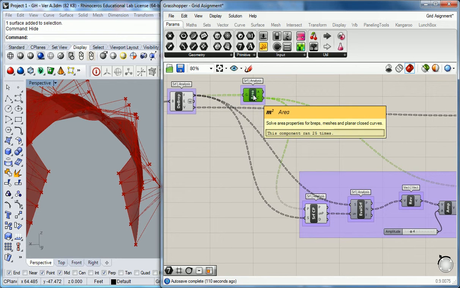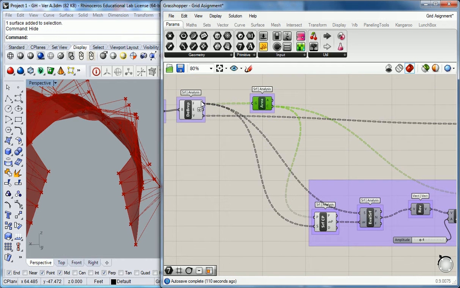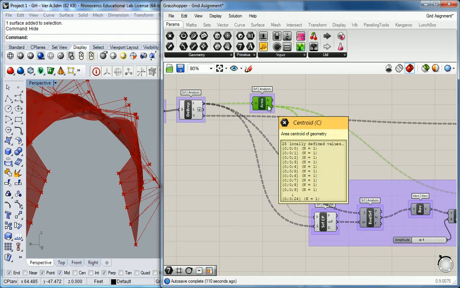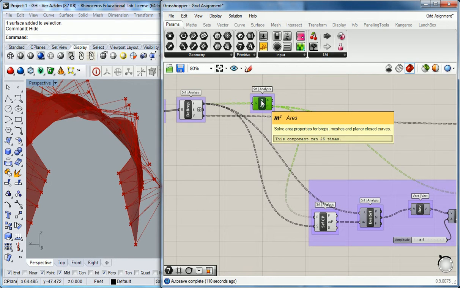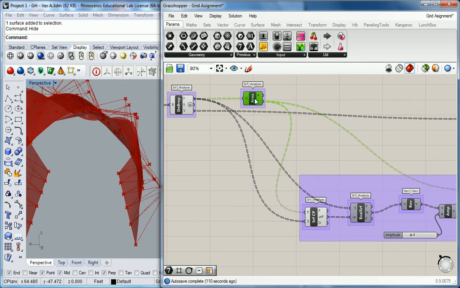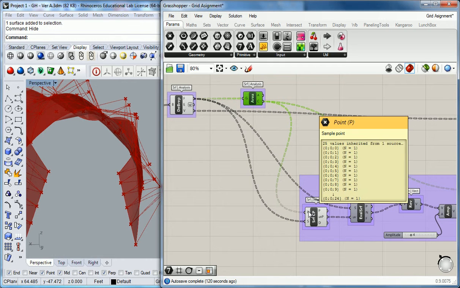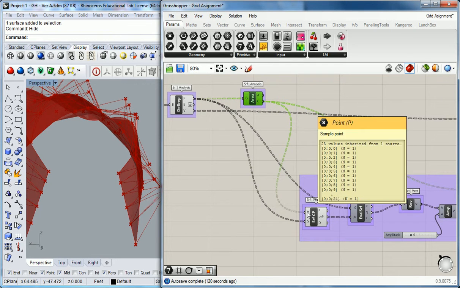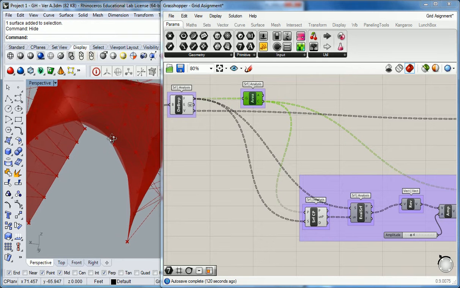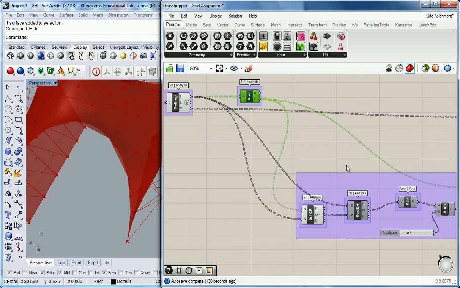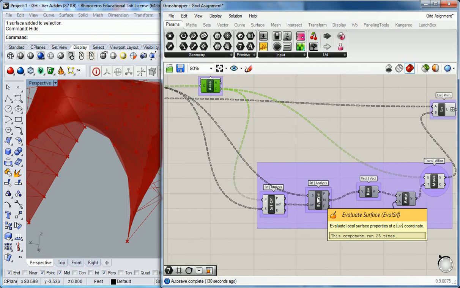And then we found our centroid by taking each of those faces and using the area node. And we plugged the centroid into the P input of the surface closest point. Okay, and then from that we used evaluate surface, right?